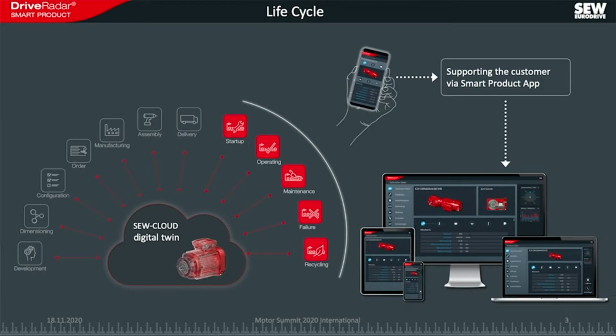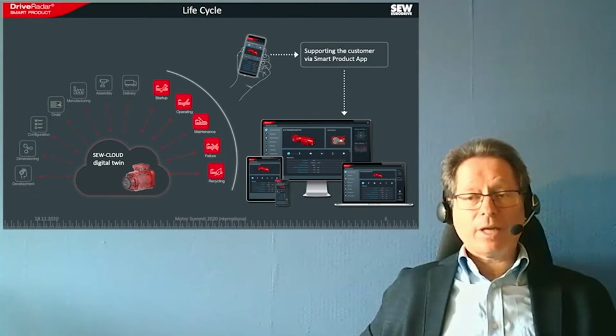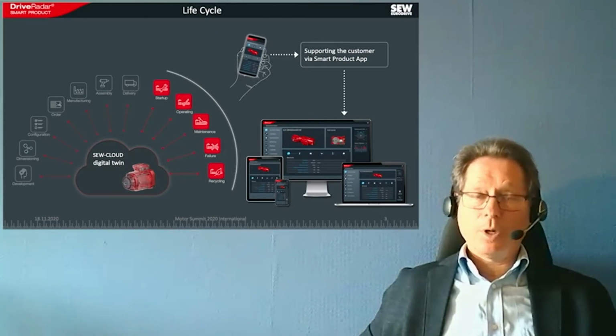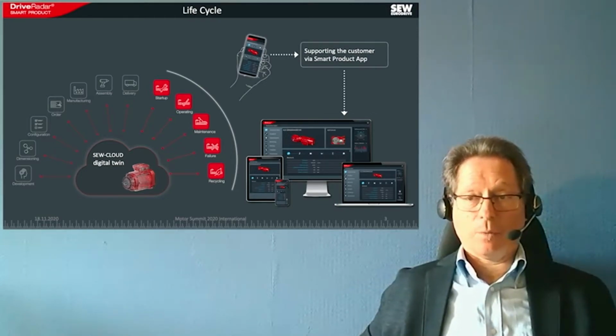Now they call up this data via the app to get support. The data is not only recalled, but processed, so that our customer gets upsides in all steps they have to carry out for installation, startup, operating, maintenance, and failure. And how does this work?